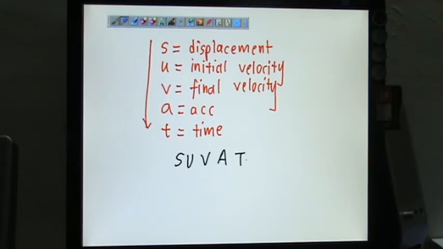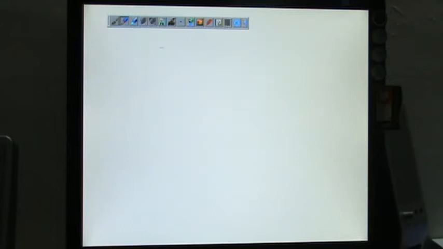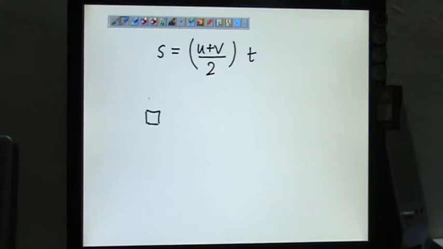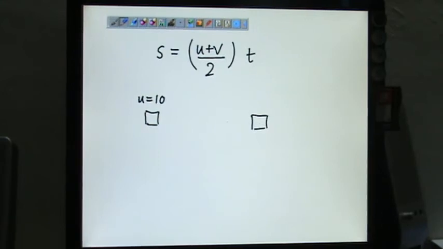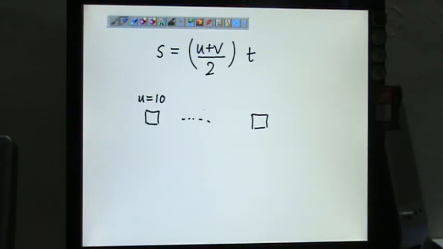This SUVAT will bring us to the basics of mechanics, the calculations. We begin with this one: s, displacement, equals average velocity times time. An object is moving at 10 meters per second, and along the way it goes through a lot of changes, but the final velocity is 20.